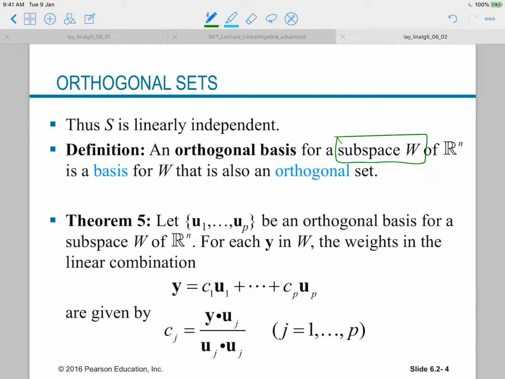But we replace the condition of being linearly independent with the condition of orthogonal set, which is a more strict one. So in that sense, they still fully span the subspace, and also those vectors are not just linearly independent, but also orthogonal to each other. In that case, these vectors are an orthogonal basis for the subspace.